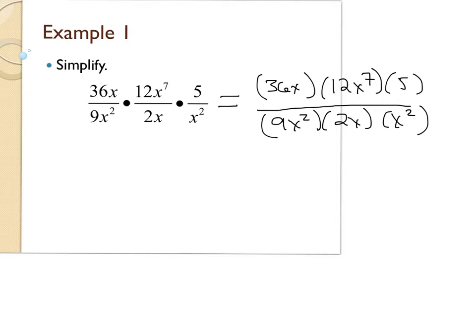And so I could just start quickly by saying, well, I know 36 divided by 9 is 4, and I have one x here and another x here. So notice I canceled these two guys out. Because it is all multiplication, I can just freely cancel out common terms.